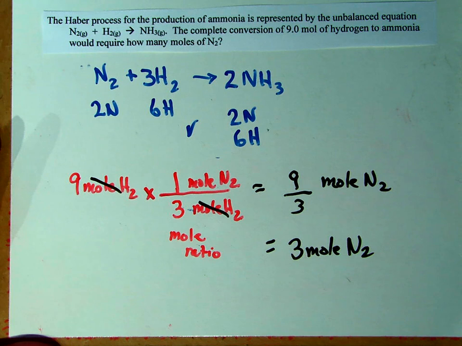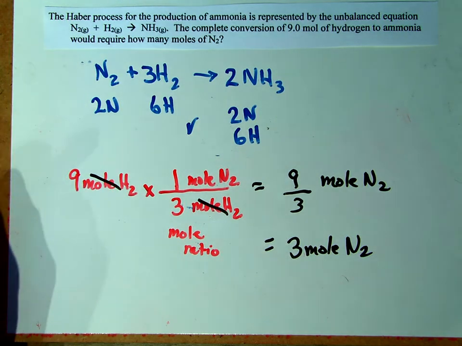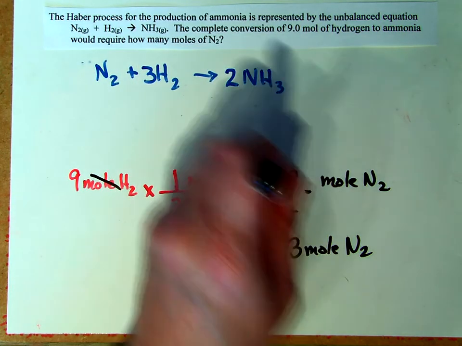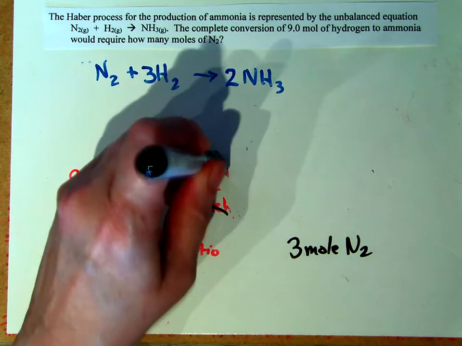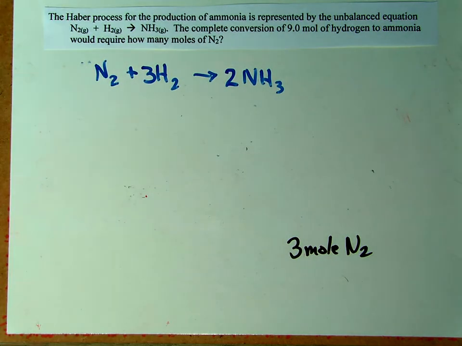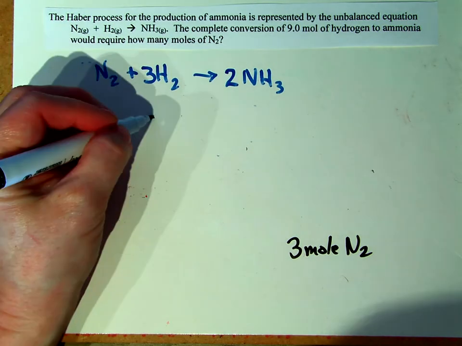Now, if you didn't want to use the mole conversion process, which I think is the better way to do it, you could just look at the ratios and come up with the number that you multiply by. I'm going to leave 3 moles nitrogen there to remind you that we're going to get the same answer, okay? So we want 9 moles hydrogen.